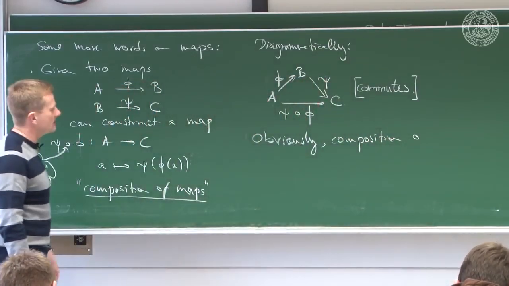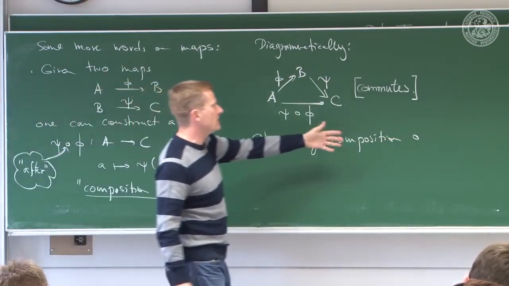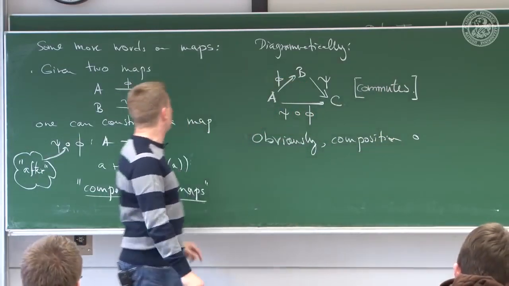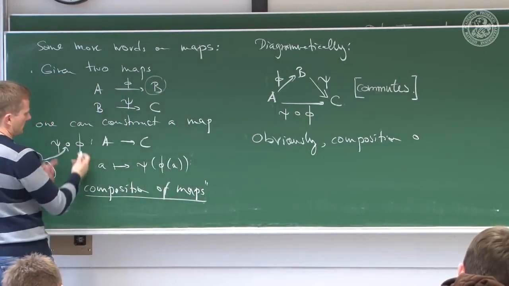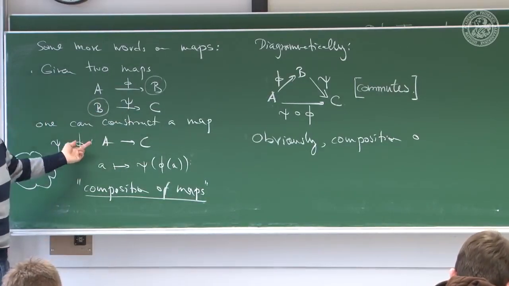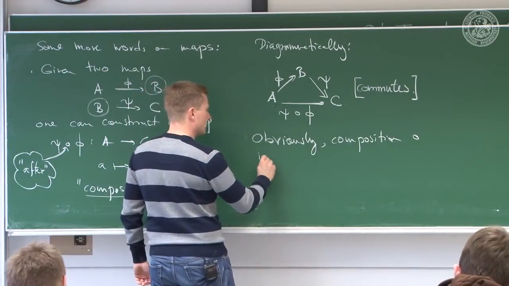Now, quite obviously, but it needs to be checked, but it's a one-liner, composition circ, and this circ obviously is an operation on the space of maps, because of two maps it makes a new map, but only if the target of the first map is the domain of the other map, obviously. So obviously composition circ is associative.